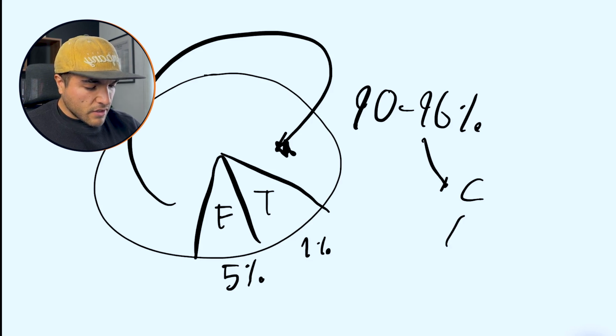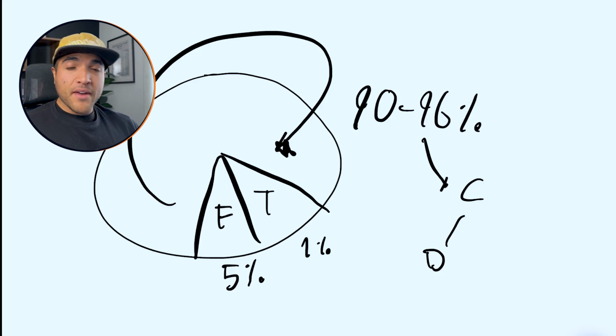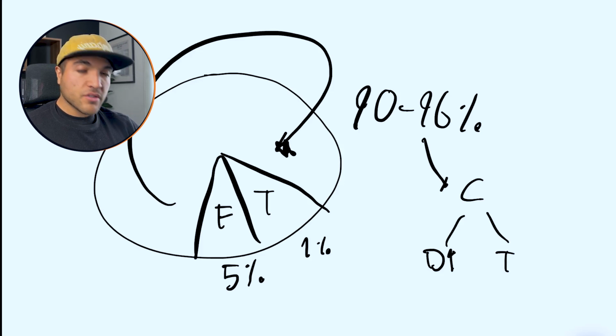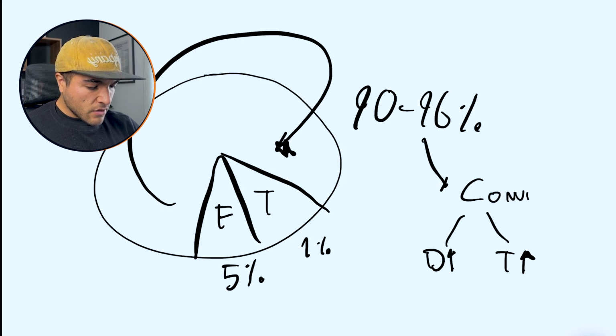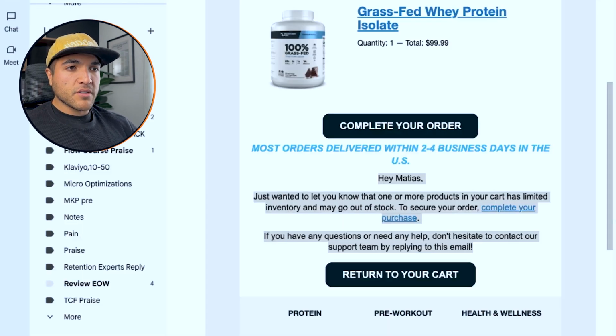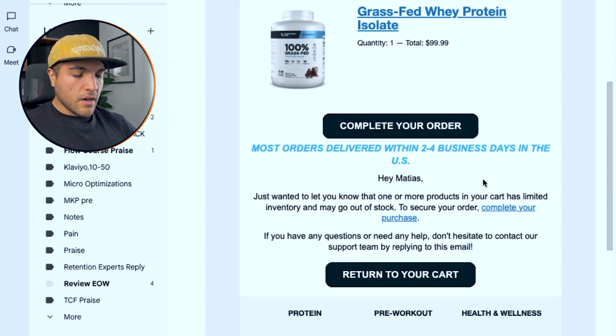And conviction is the sum of desire, I want the thing, I want the product bad enough, we have to increase it, and trust, I trust the brand and I trust the products. So those two together create conviction. And an email like this is not creating much conviction, if any, at all. We'll get to this in a second.